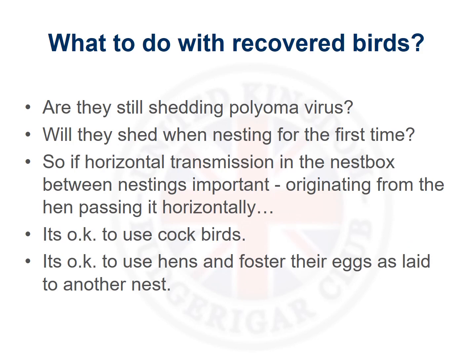So what I will say is, if horizontal transmission is important for polyoma, then we'll probably get away with the cock birds. We can probably use the hens, but I don't want you rearing. I don't want any risk of you contaminating those eggs, or the chicks, with polyomavirus horizontally.